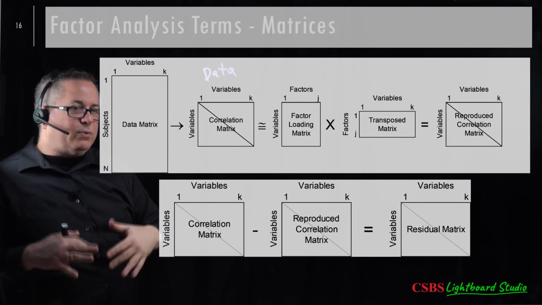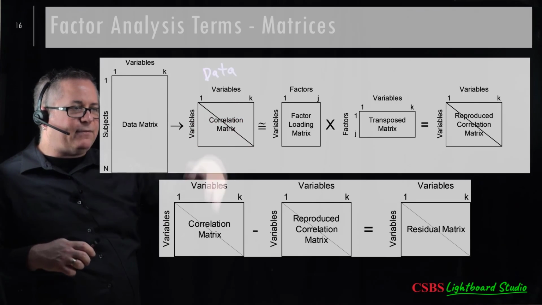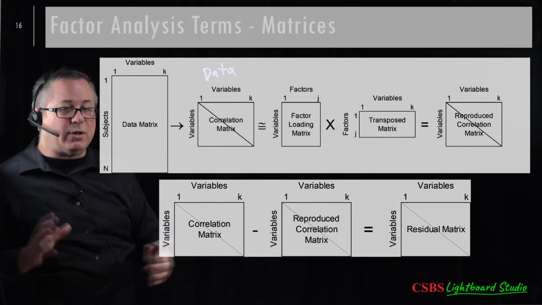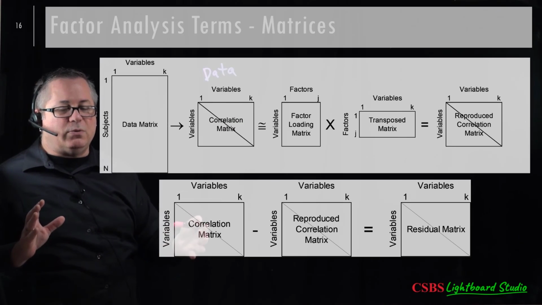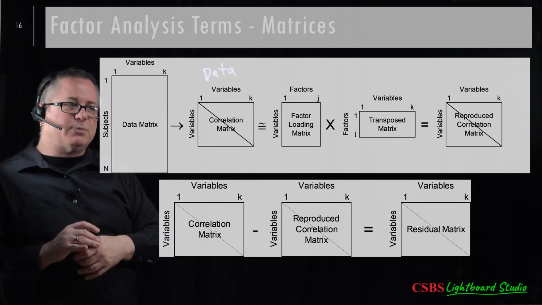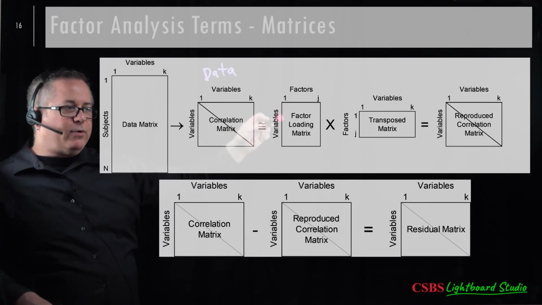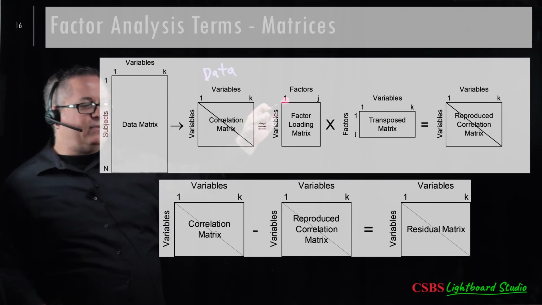But again, trying to explain 24, in this case, k items with k factors is not very interesting. We're trying to reduce. We want to try to explain as many variables with as few factors as possible. So typically, that's why it says relatively equal, sort of almost equal to, if I take the variables times the loadings on their factors.